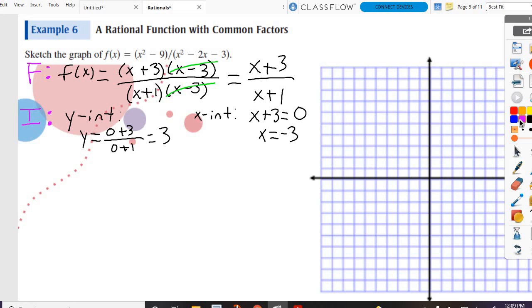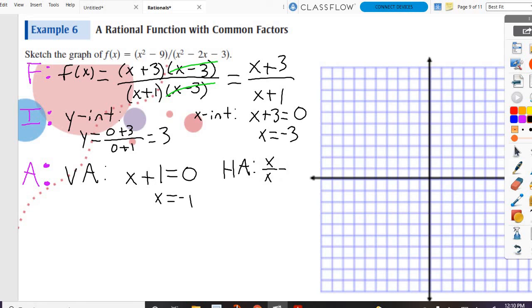So then we have our asymptotes. Now remember our asymptotes, to find our vertical asymptotes, we set our denominator equal to 0. And to find our horizontal asymptotes, we want to look at our leading numbers.